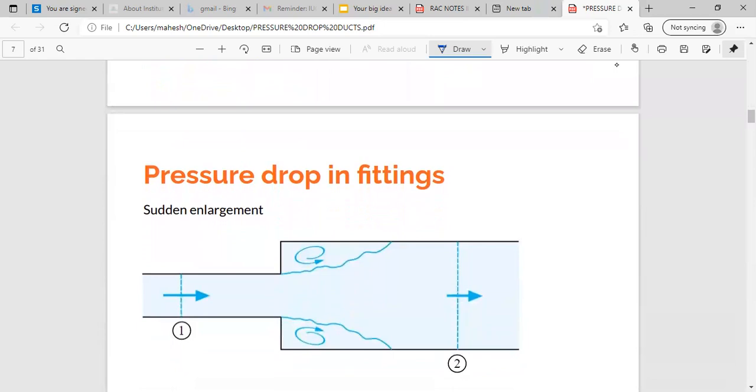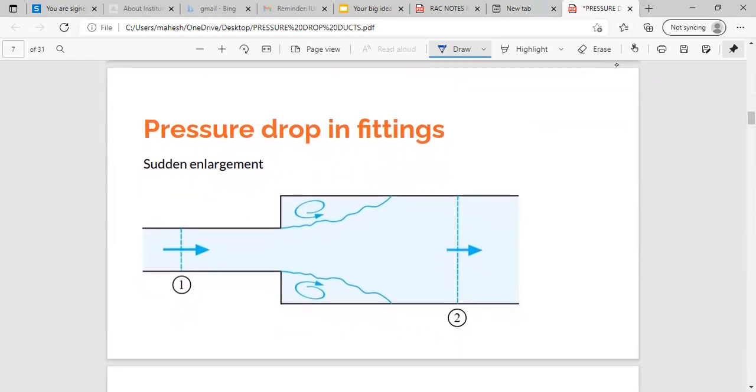Now, the second important thing is the fittings. An air handling system consists of straight duct as well as fittings. What happens in the fittings is that the air undergoes, as mentioned earlier, changes in area and changes in direction.